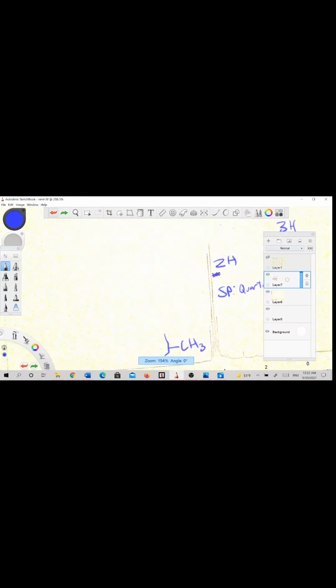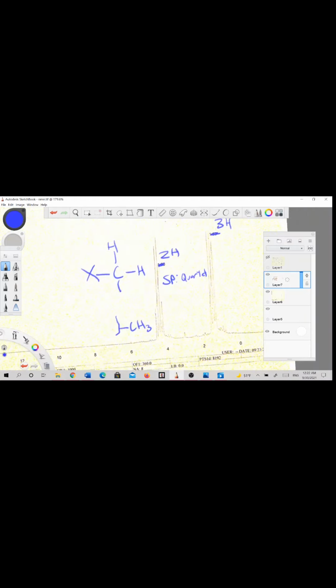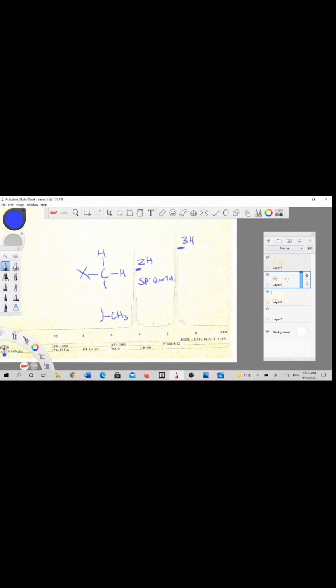Looking at our chart, I would say it's probably a carbon-hydrogen adjacent to either an oxygen, a nitrogen, or a halogen. Let's draw that in here so we have all of our puzzle pieces. That's what we can deduce from the first point.